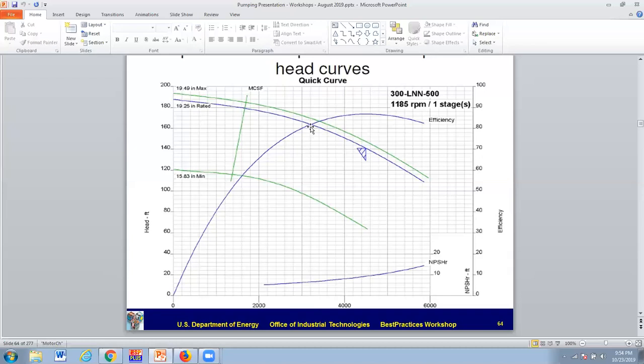I guess it would be this one in the middle, and then that will give you the flowing head for that point. Okay. This is the minimum impeller diameter, and this is the net positive suction head required in order to avoid cavitation. So we'll talk more about that here in just a little bit.